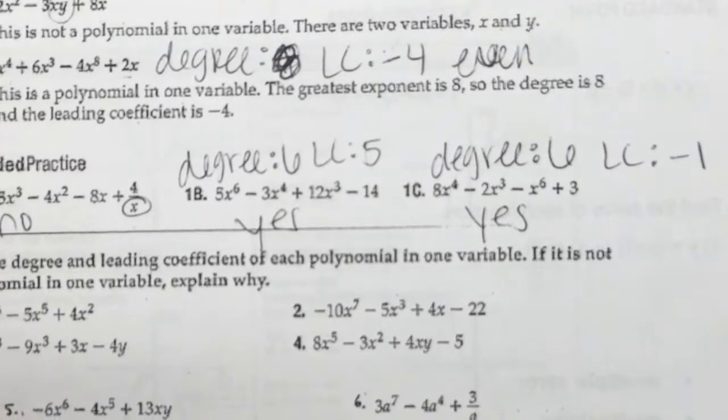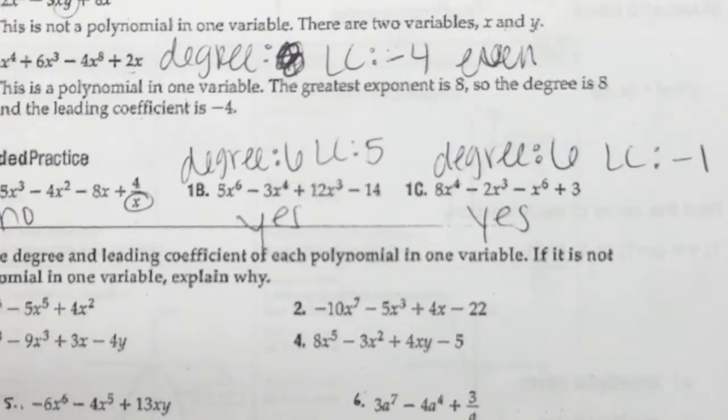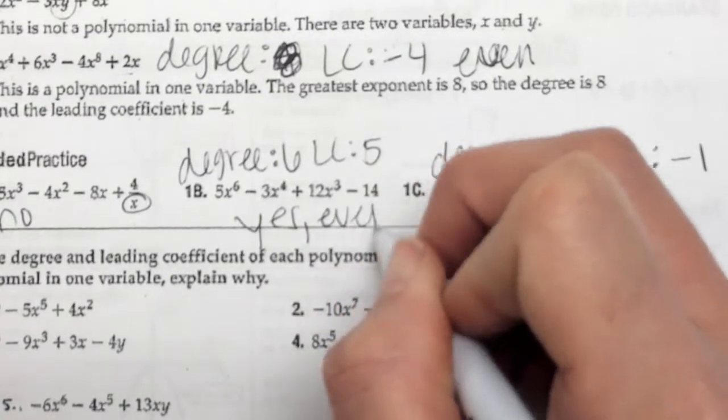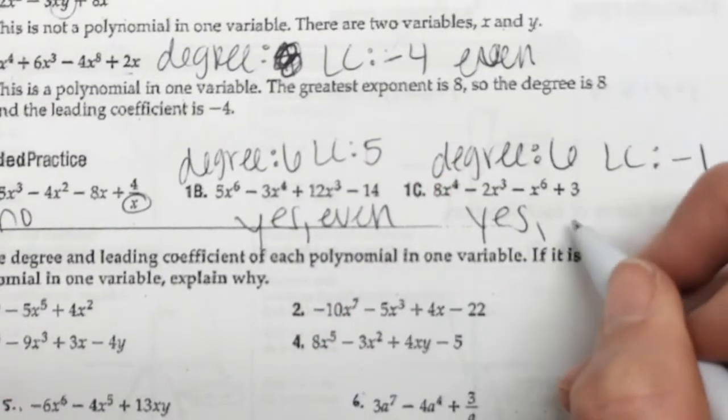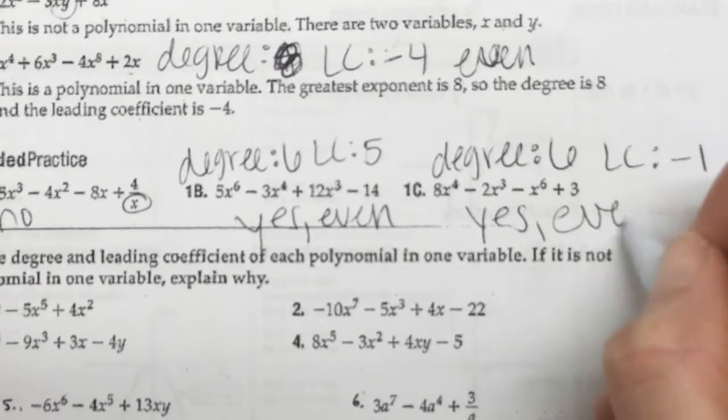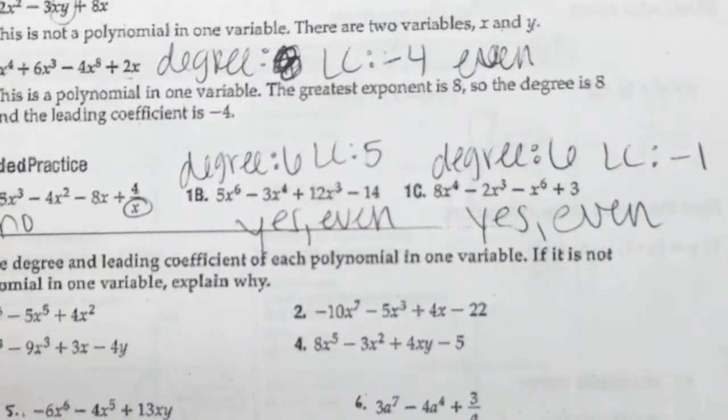Everybody agree? Alright, Amy, is this an even or odd polynomial? How'd you know? Good. And Caleb, even or odd? Very good. Any questions about those? Do we need to do more of those, or y'all good? We can move on. Okay, flip it over.